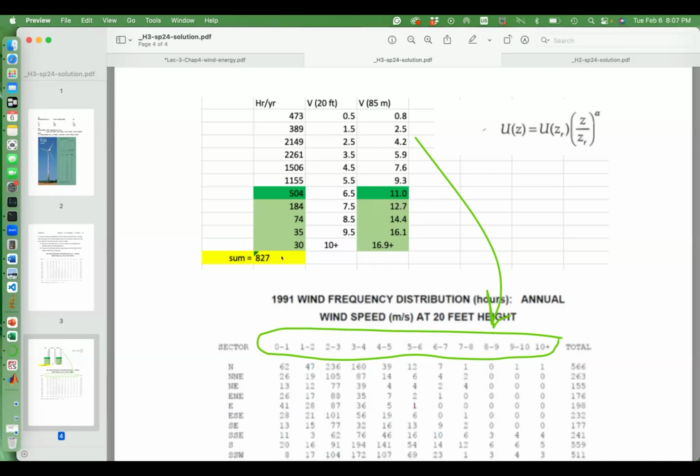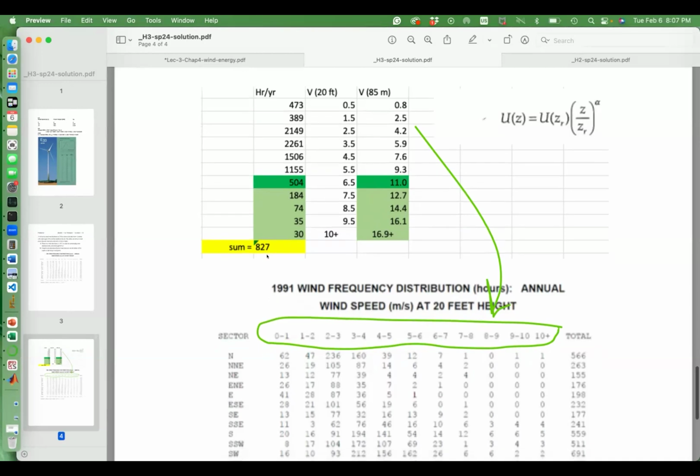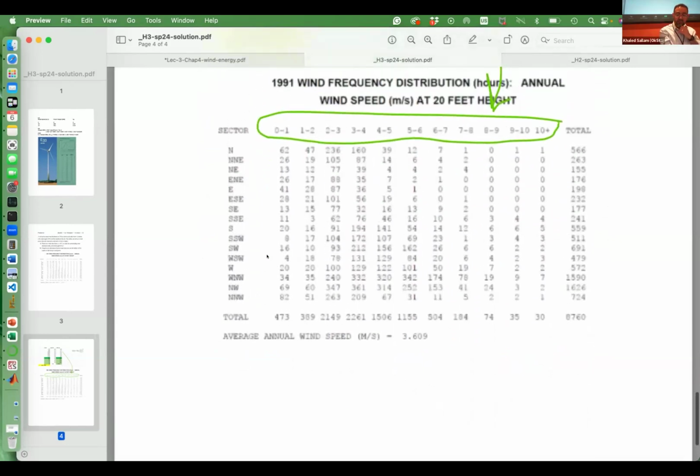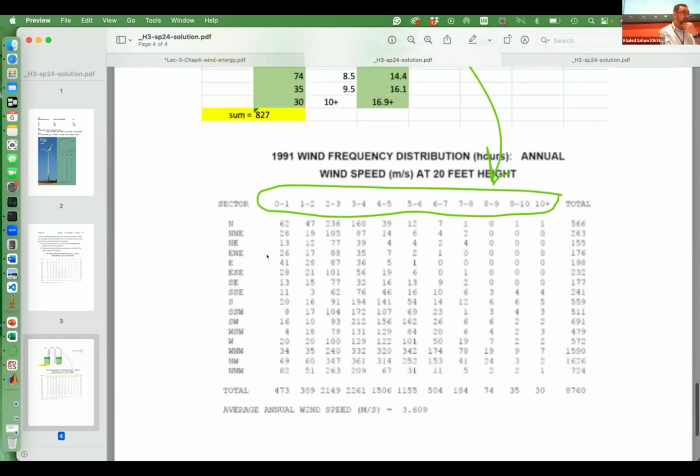It's actually those guys. At 20 feet, when it's 6 to 9 to 10, if we add those guys, it's 827. So that's the number of hours where the velocity at the hub will be 10 or higher. Okay? So that was the two problems in the homework. Questions about this? Piece of cake, right?